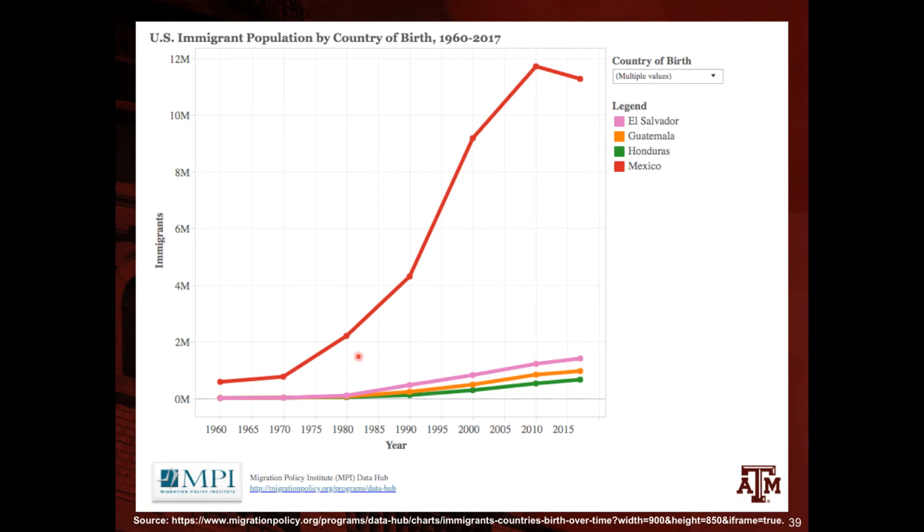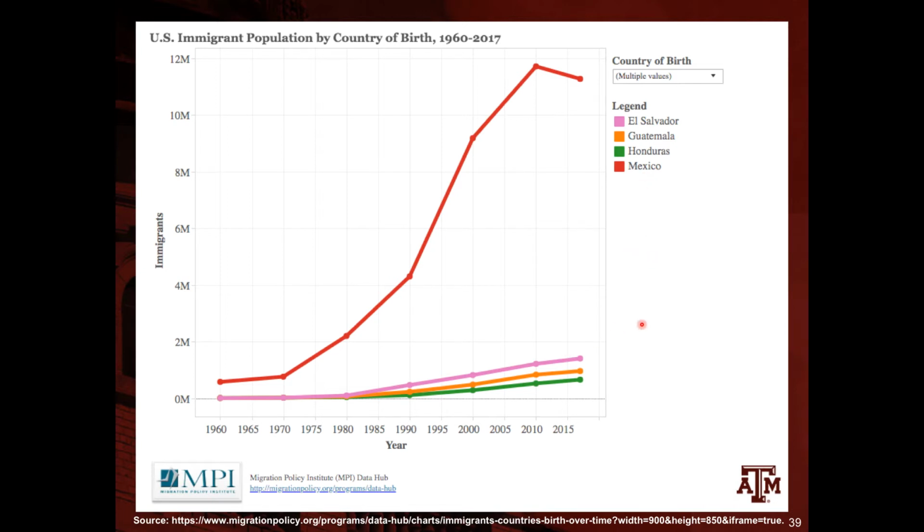The overall number of immigrants from Mexico increased a lot in the 90s and also the 2000s, but then in more recent years, the overall number in millions declined. And here I selected these three countries in Central America, El Salvador, Guatemala, and Honduras, and also Mexico from North America.